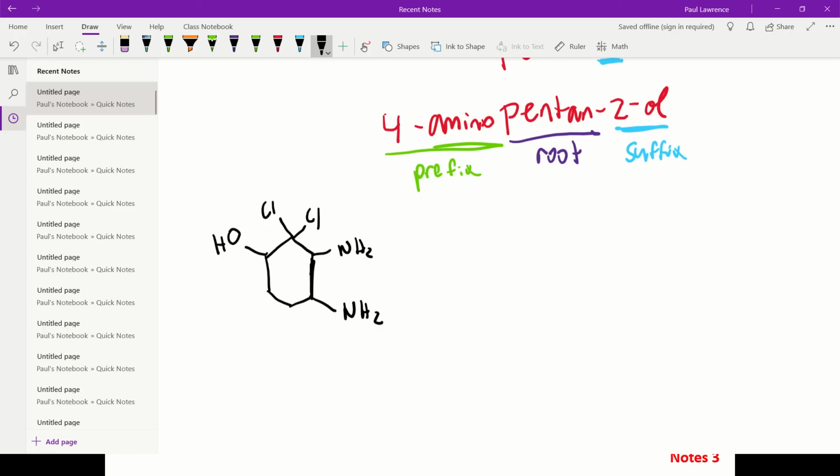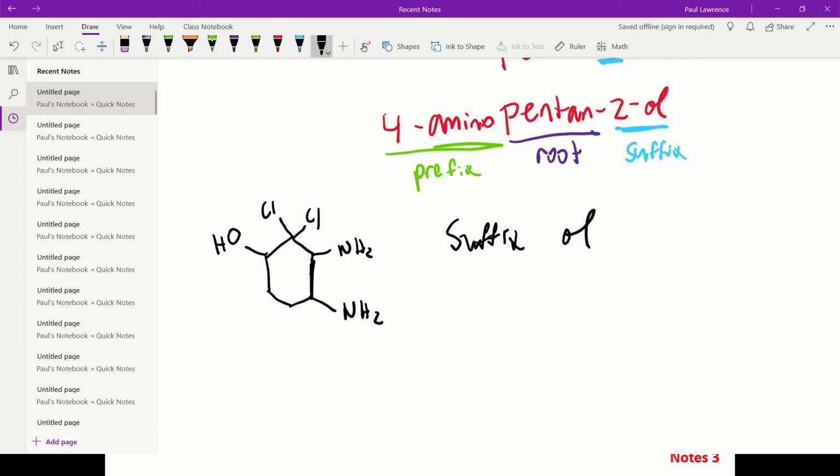First thing we need to figure out, really, what is the highest priority functional group here? We have chlorines. Those don't matter because those are halogens. But we have an alcohol and amine. And we know from the previous examples, the alcohols take the priority. So that means our suffix has to end with an "all."